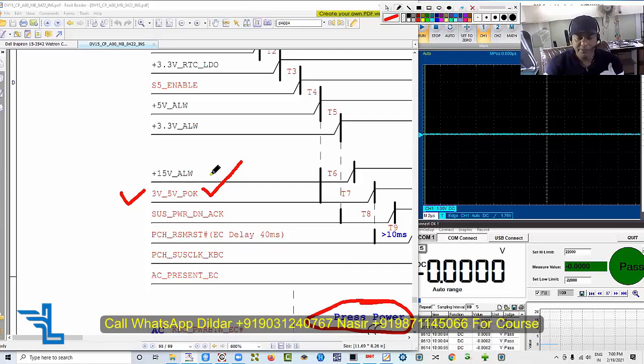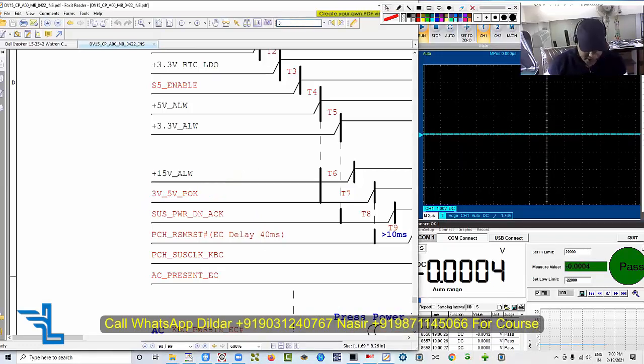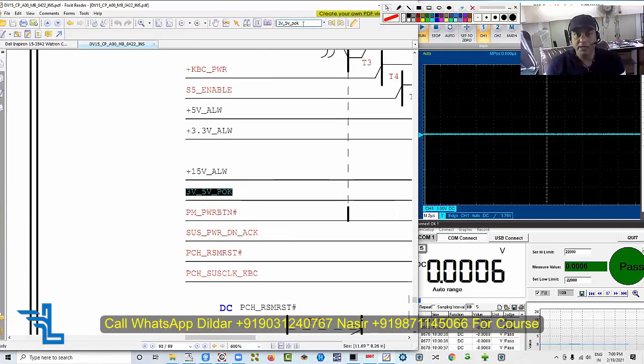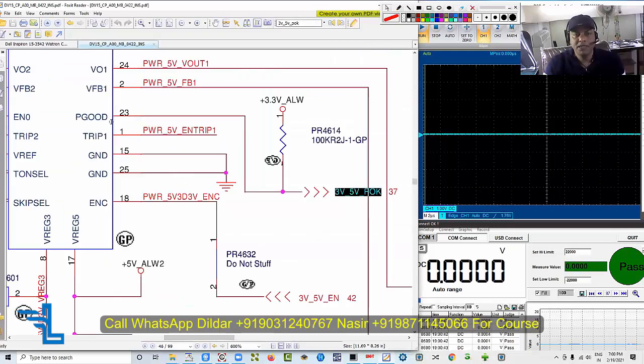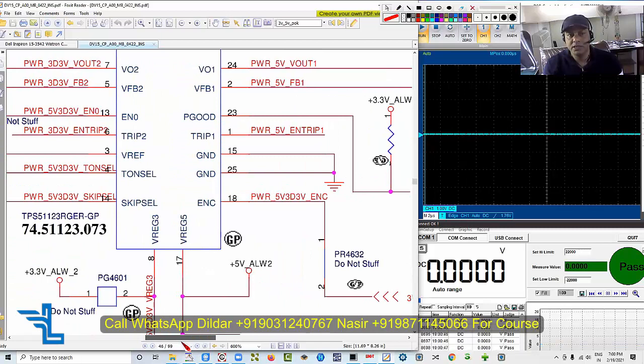So let's begin with the things we have left: 3 volt and 5 volt power. Right here, 3V_5V_P power. Now let's check pin number 23 of the TPS51123.